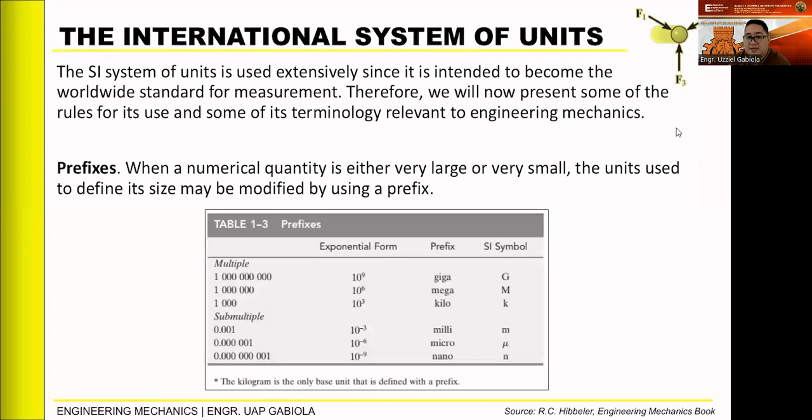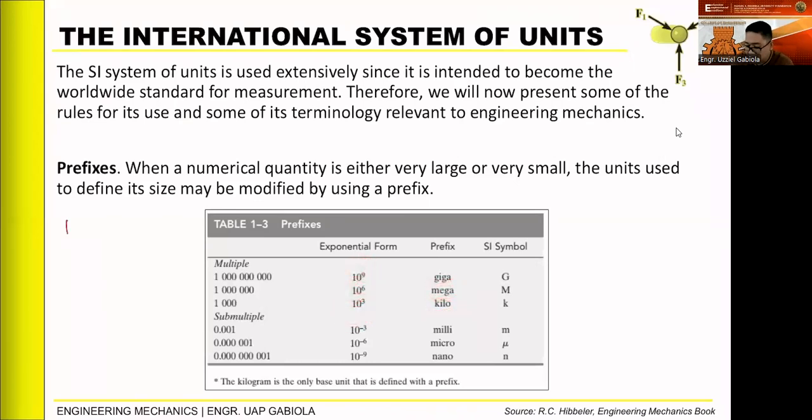So kung halimbawa masyadong malaki yung value, pwede mo siyang i-change into a unit na may prefix. Ito yung ibig sabihin niya. Giga is times 10 to the 9, mega times 10 to the 6, kilo times 10 to the 3. So halimbawa, meron tayong 1,000 newtons.